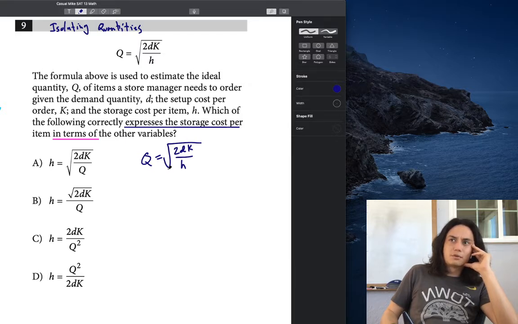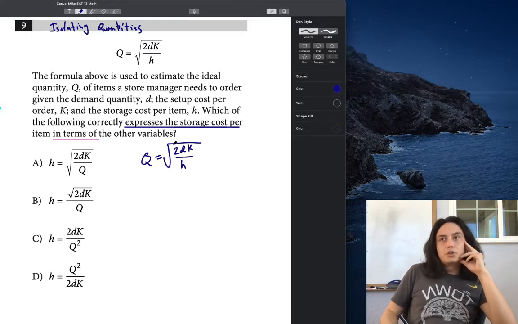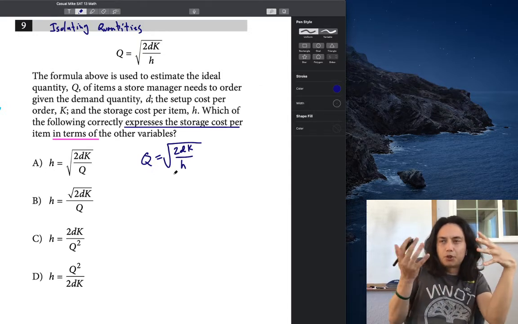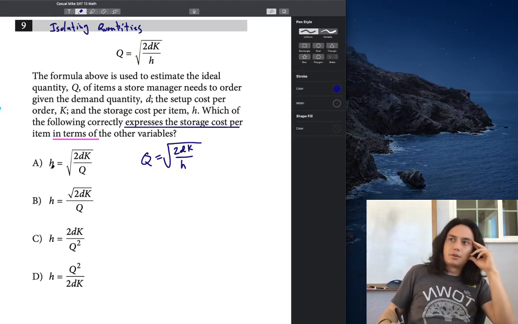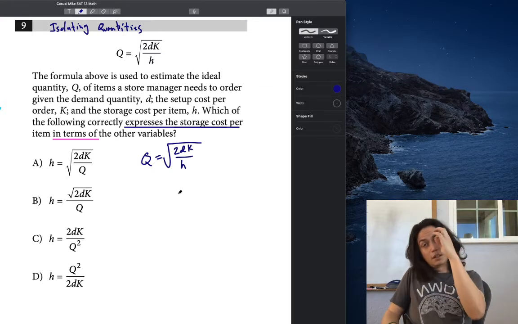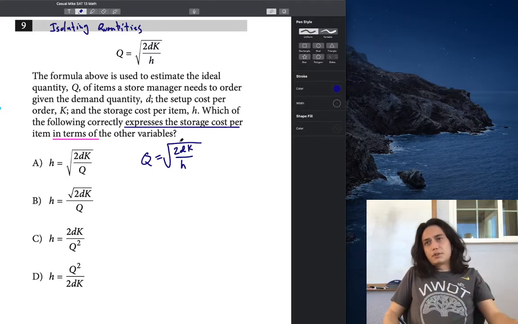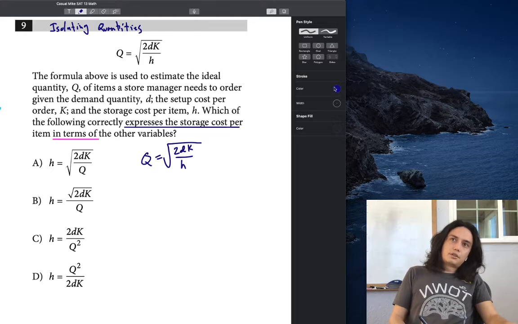It's inside the radical. We want to deal with this radical first. Basically, I'm thinking of it as uncovering this H, getting this H unburdened by all the stuff around it. Because again, we want it to be alone. So the first thing I'm going to do is get rid of this radical. And the way we're going to get rid of this radical is to square both sides.